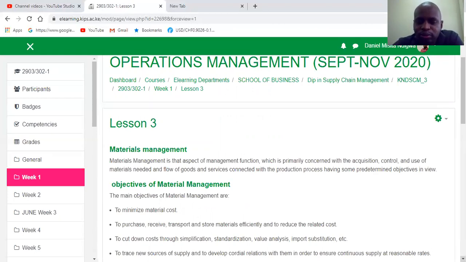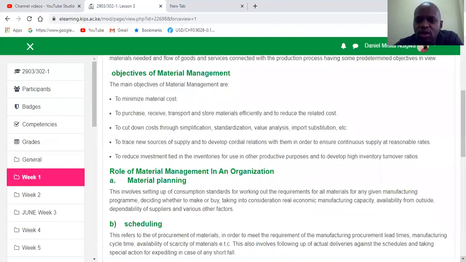So what are some of the objectives of material management? The first objective is that it allows minimization of material cost. So you're able to minimize your material costs, and at the end of the day, you'll be making profits once you are able to control your materials. The other one is that it allows the purchase, receipt, transportation and storage of materials more efficiently and reduces the related cost of inventory.